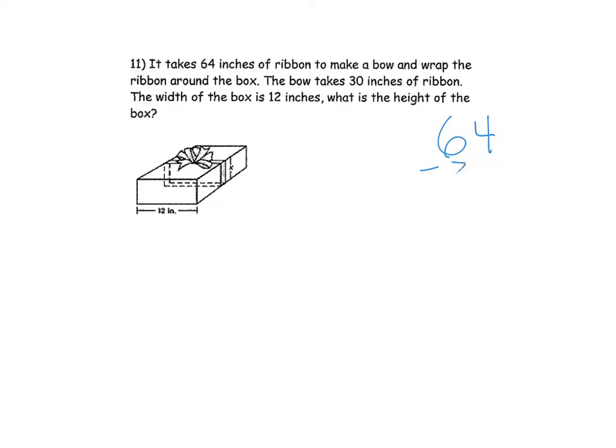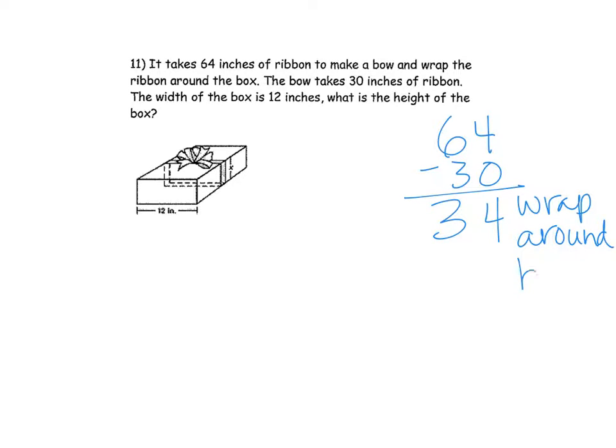All I care about right now is the part that wraps around the box. The bow is just going to be on top, taking up space. So I've got 34 inches that are going to wrap around the box itself. That's important to take care of right away.